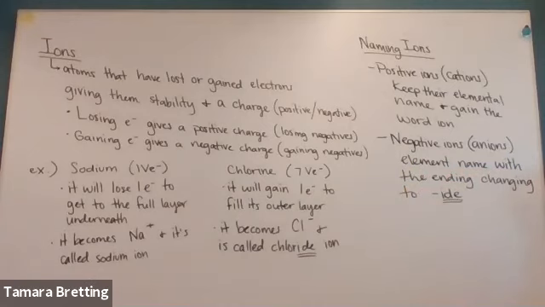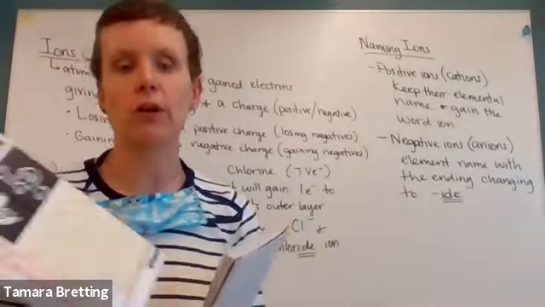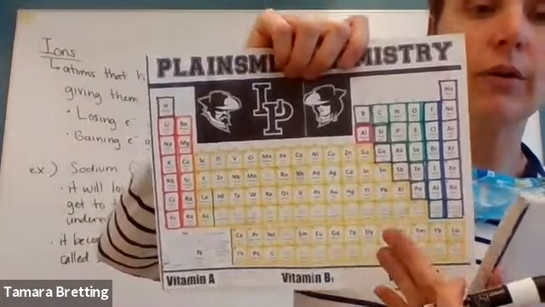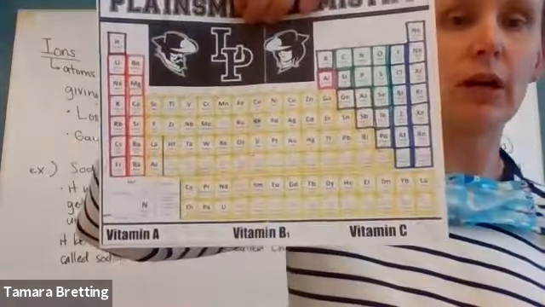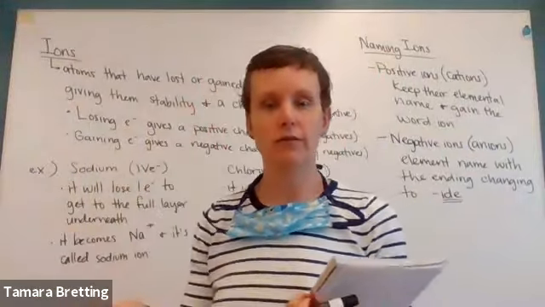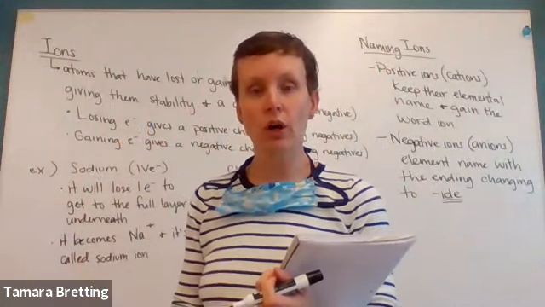Okay. Now we're going to just throw a curveball at you. We made our color-coded periodic tables a little while ago. So this is my paper copy. Now all these elements in yellow, which is most of the elements on the periodic table, they have a special circumstance. All of them are positive. But most of those can have more than one charge.